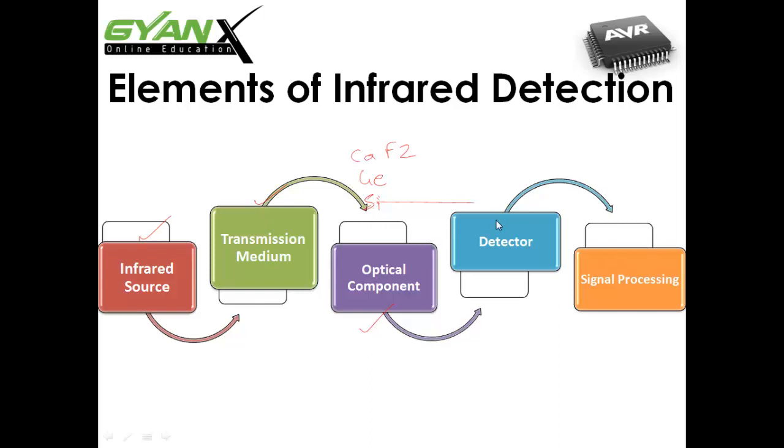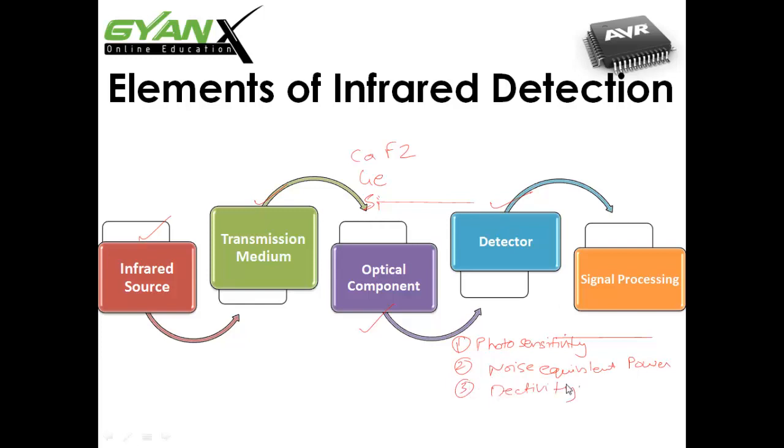Next, we have a detector. Various types of detectors are used in IR sensors. The important specifications of a detector are, first, photoresistivity or responsivity, sensitivity; second, noise equivalent power; and third, detectivity.